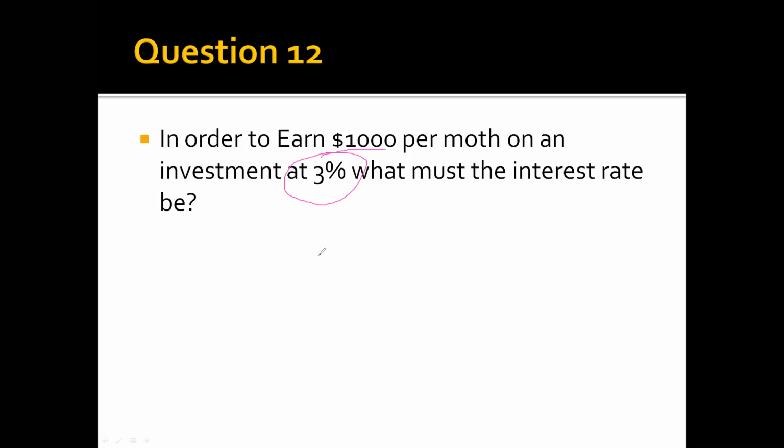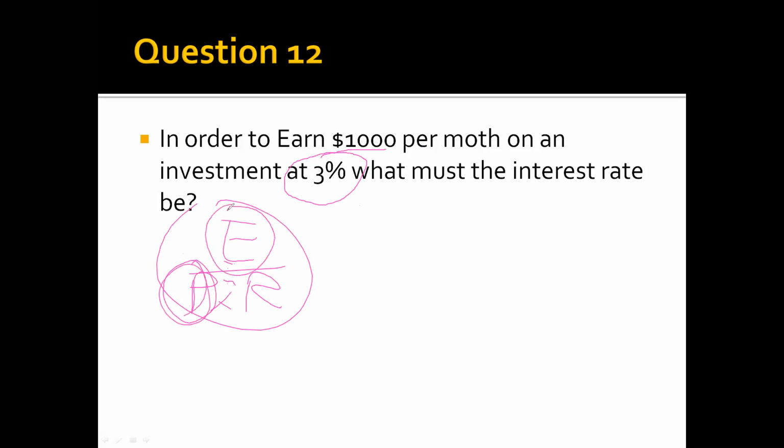That's the same thing again. The earnings, circle with the earnings, principal, and rate. A divided sign here and a multiplication sign here. So how much principal do we have to have for earnings of $1,000 a month?